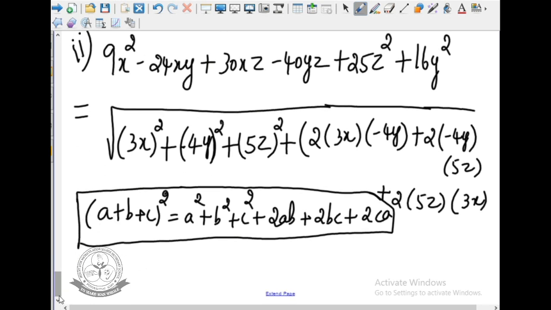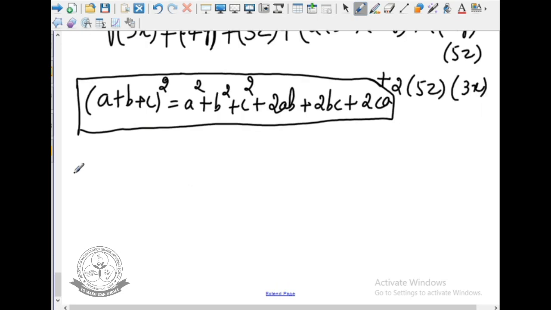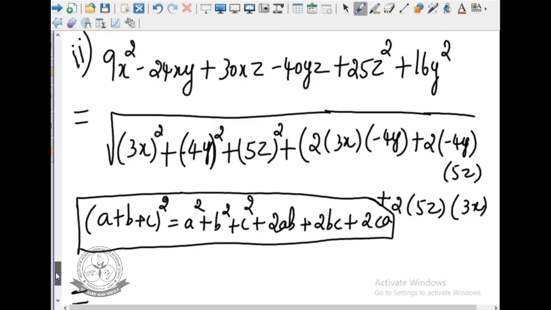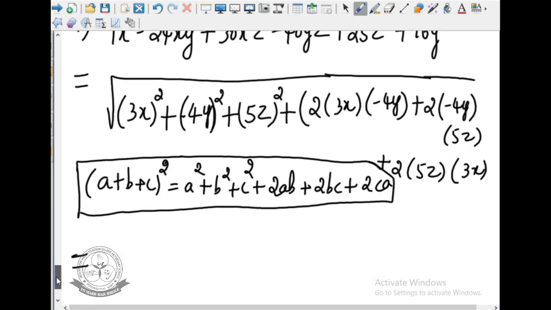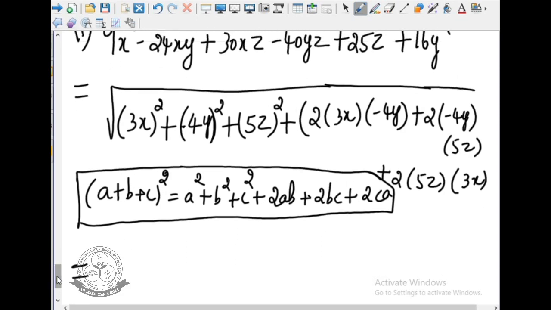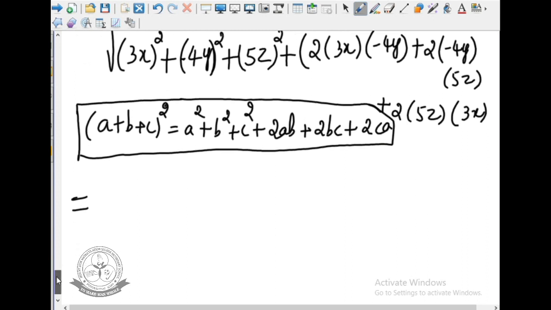So next I will take out the square root. The problem is having this format, a square plus b square plus c square plus 2ab plus 2bc plus 2ca. So I am going to write a plus b plus c the whole square. So here a is 3x.